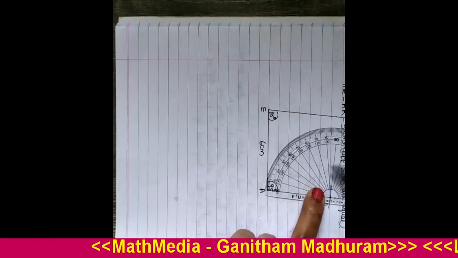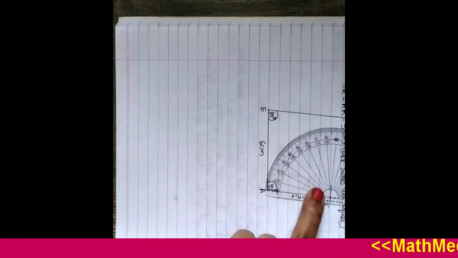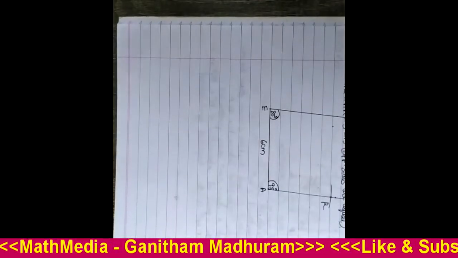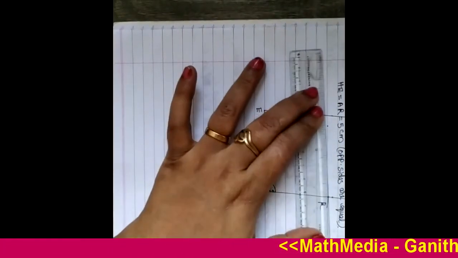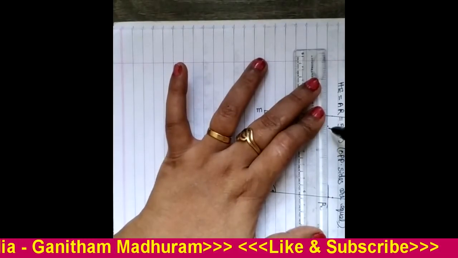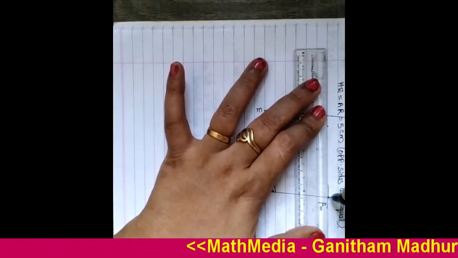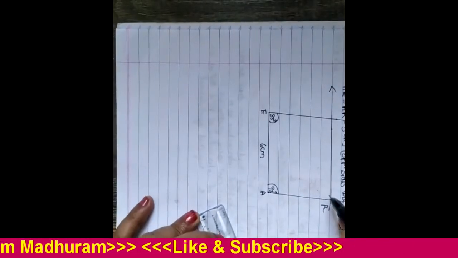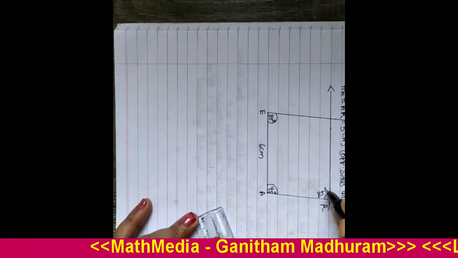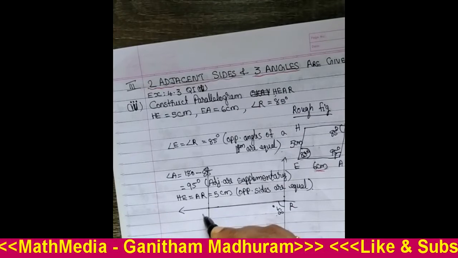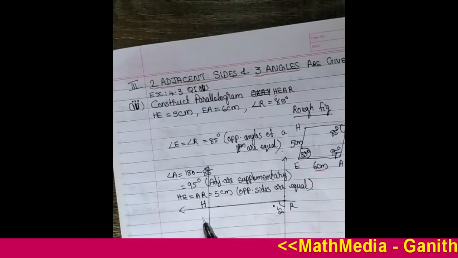We want 85 degrees. So 10, 20, that is outer circle, we can take 85. This is the point 85. Now you have to join this point. This is 85 degree. And the point of intersection of this, you can mark it as H. This is the required point H.